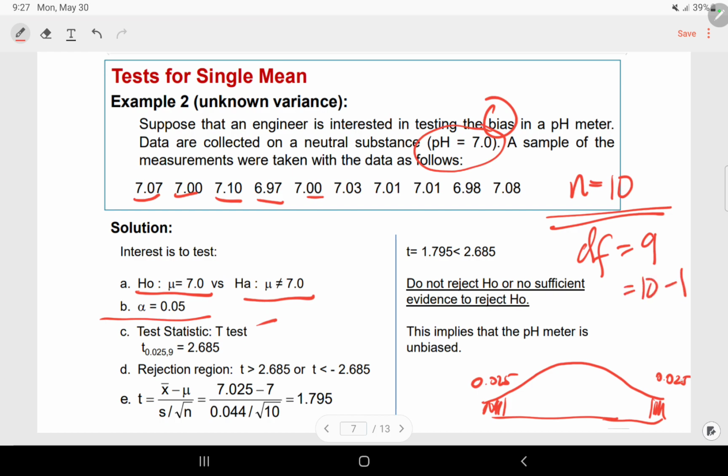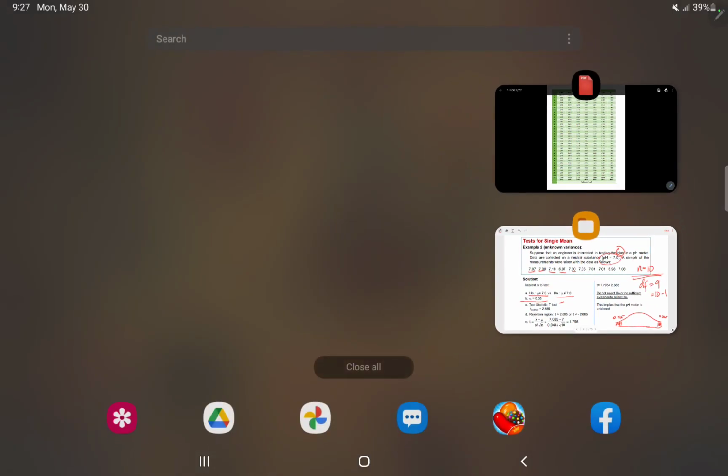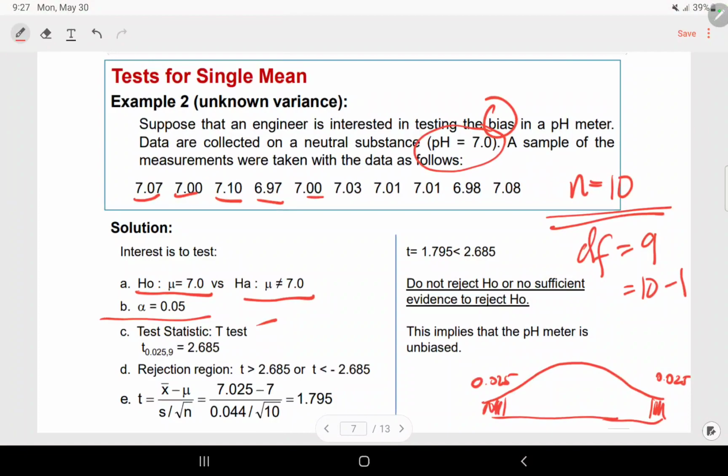So, tignan natin siya. 10 minus 1, 0.025, and then 9. Saan sila nag-meet? 2.262. Yan. So, yun yung gagamitin natin. So, dapat ito ay 2.262.